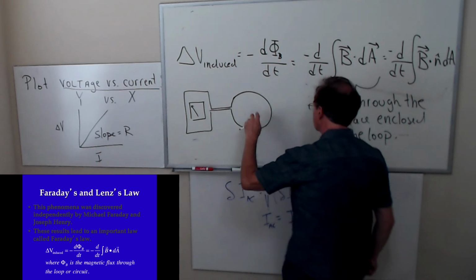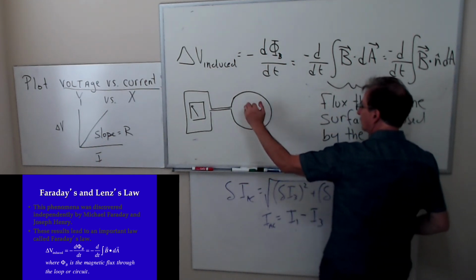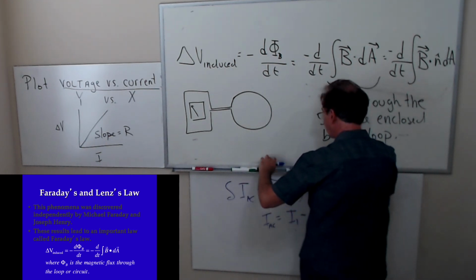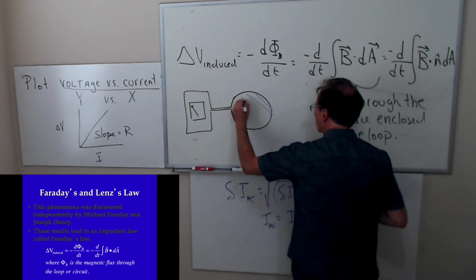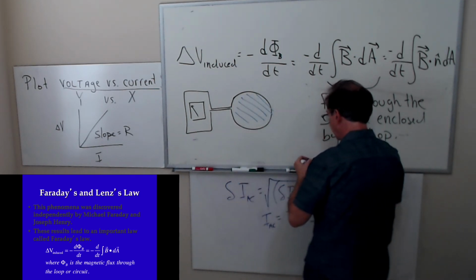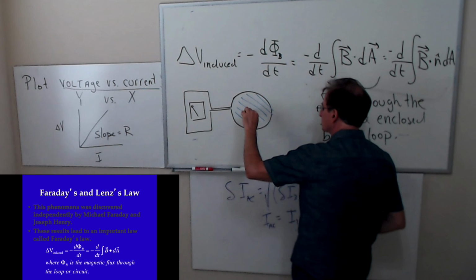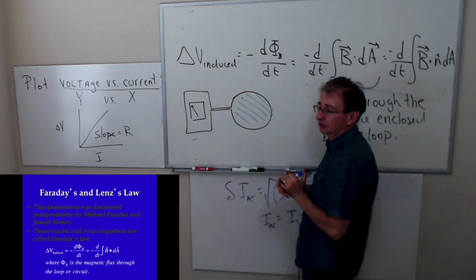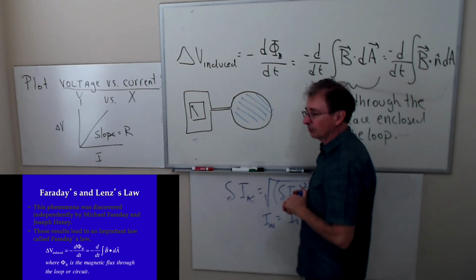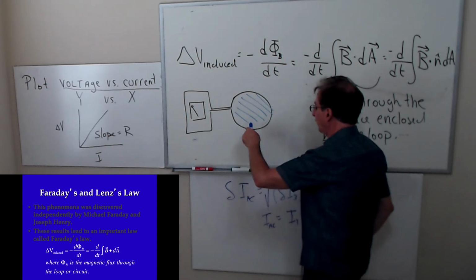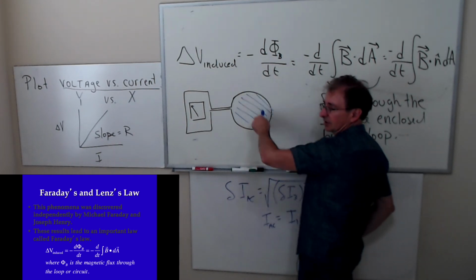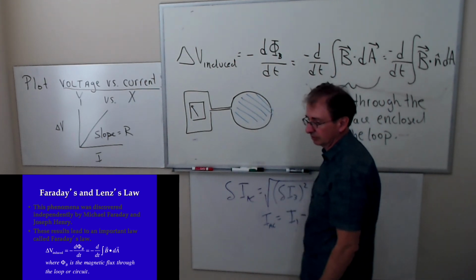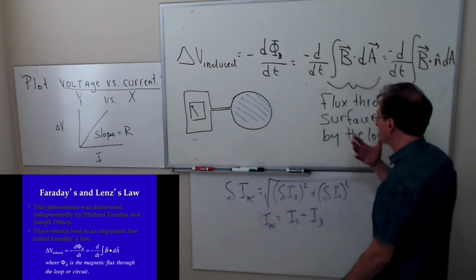This is the loop of wire, and the surface I'm talking about is this. If I insert the magnet this way, the magnetic field is perpendicular to the loop, and then I maximize the flux. If I bring the magnet like this, the field lines won't penetrate the loop, and so I'll get no induced EMF.